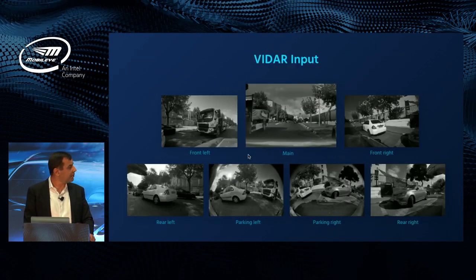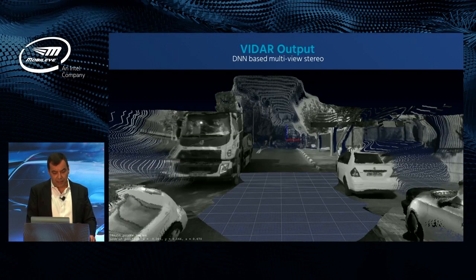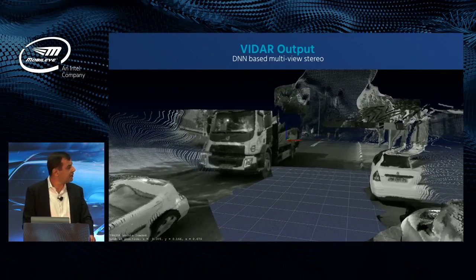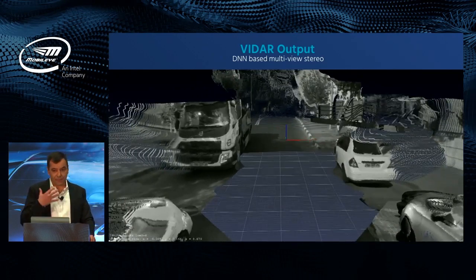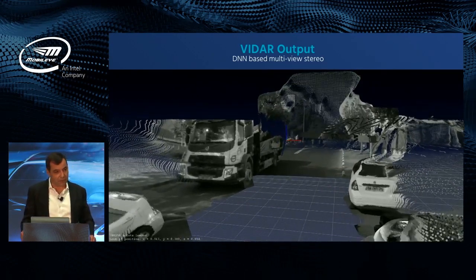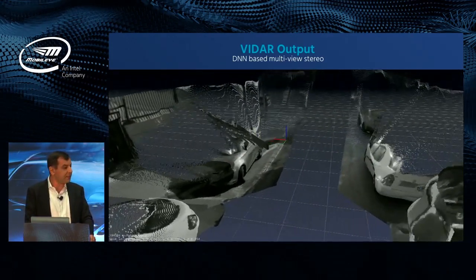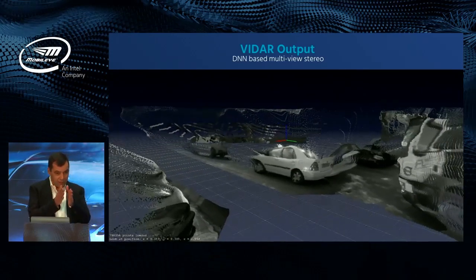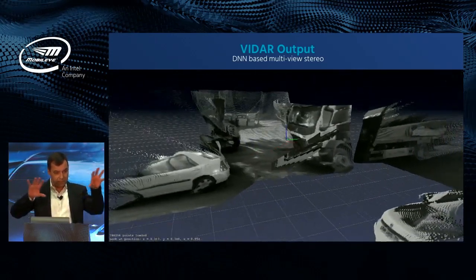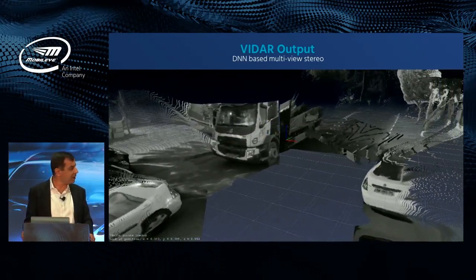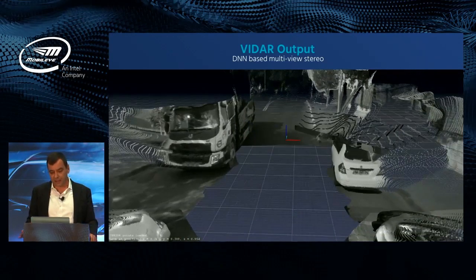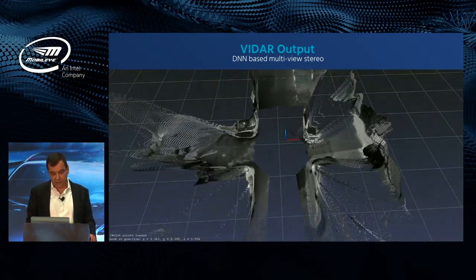These are examples of the cameras whose images are fed into this kind of network, and then when you look at it, you get a 3D percept just like from a Lidar, but much higher resolution because we're talking about the existing cameras in the car. It's not that we have stereo units. We have 12 cameras around the car, so it's a long baseline stereo in the academic circle.